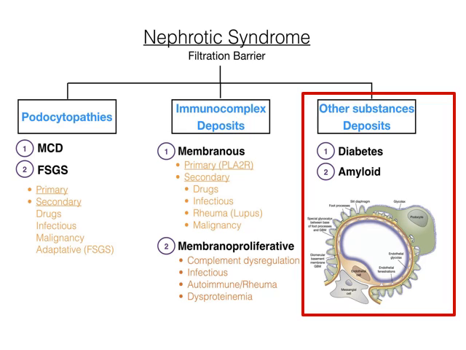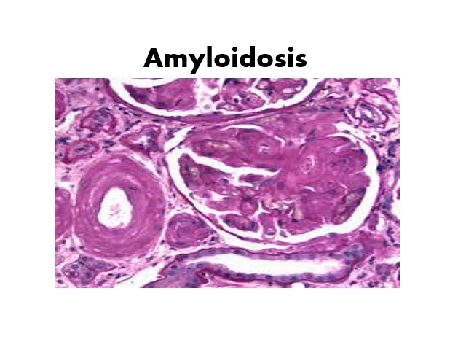Here remain two other types of deposits, which are diabetes and amyloidosis. In amyloidosis, there is deposition of abnormal immunoglobulin light chain. And this is not usually confined to the kidney only, but may affect different organs or cause deposition in several body organs.